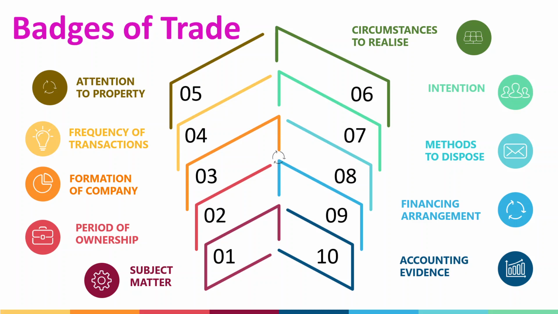The next one is the period of ownership. Period of ownership refers to whether it is a short-term hold of the assets or a long-term hold of the assets. The longer you hold, the more it will be capital gain. The shorter you hold, the more it will be revenue in nature, or business income. Why?